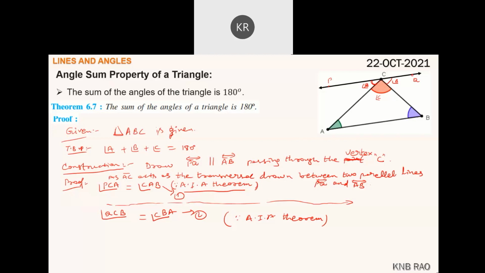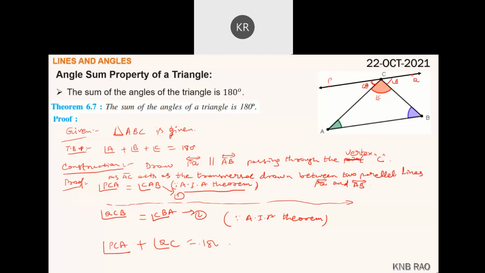So angle PCA plus angle QCA is equal to 180 degrees.